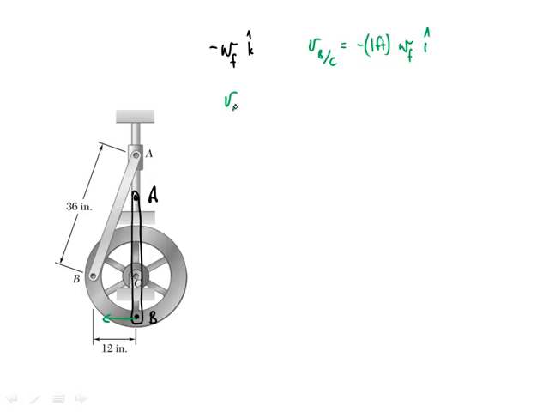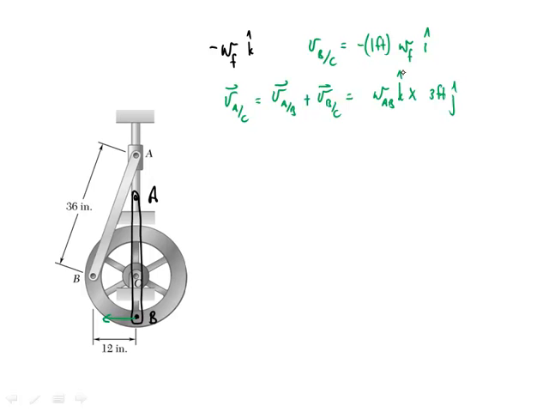And then the velocity of A with respect to C is equal to the velocity of A with respect to B plus the velocity of B with respect to C. The velocity of A with respect to B will be omega of bar AB crossed with the position of A with respect to B, which is 3 feet in the j hat direction.